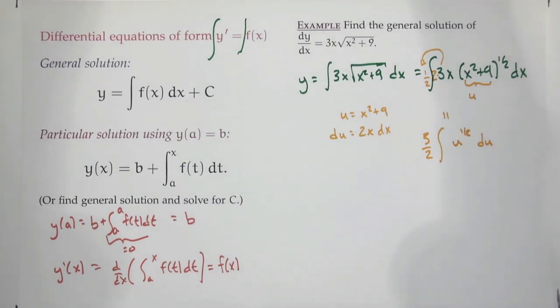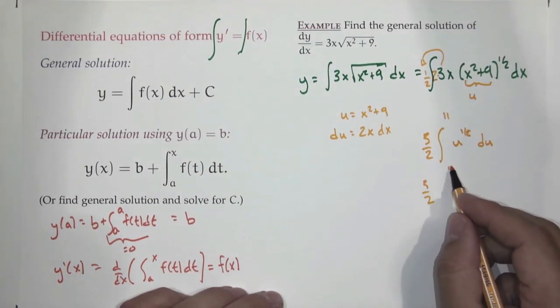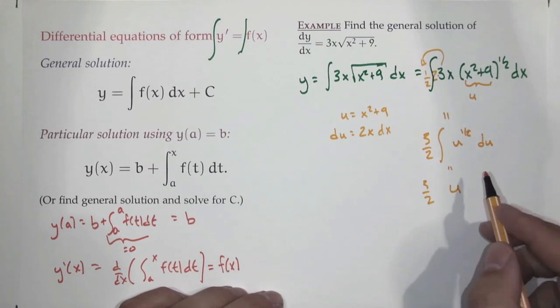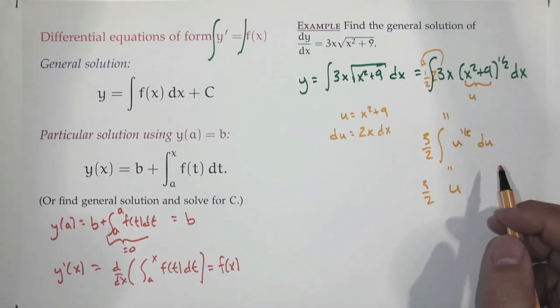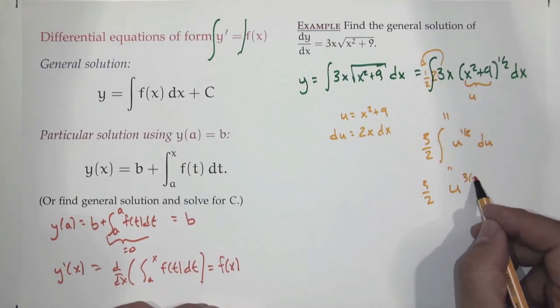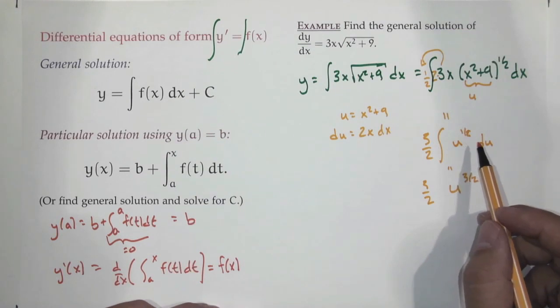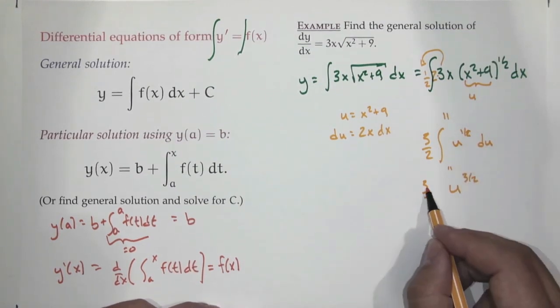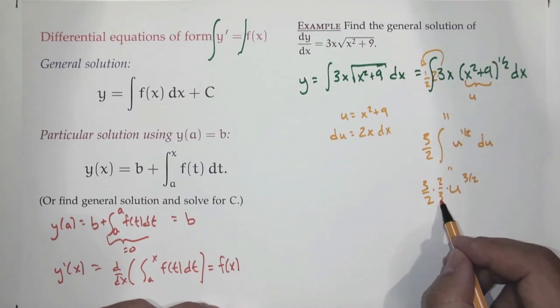What's the integral of u to the 1/2? U to what power now? 3 over 2. The way you get that, you add 1. Anything else? Yeah, I have to multiply by the reciprocal, 2/3.